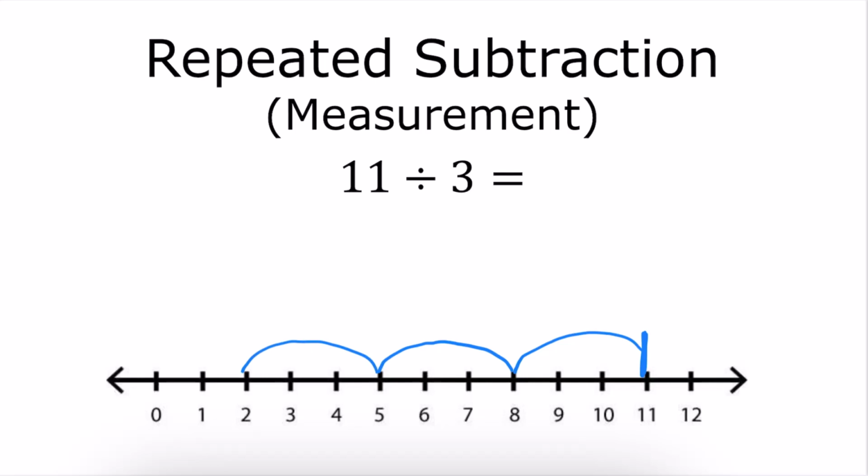And this tells me that 11 divided by 3 is going to have 3 whole groups of 3. And then the remaining piece is going to be the number 2 because I don't have enough to make another group of 3. And so my remainder basically is where I end up at when I can't make any more groups of that size. And so that's what the remainder would look like when you're using a measurement model.